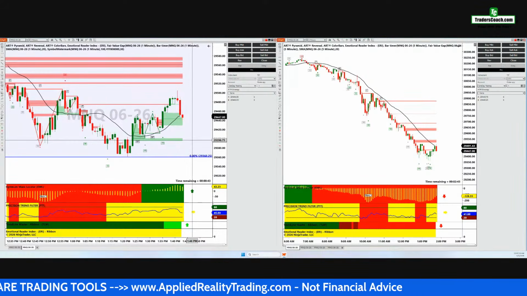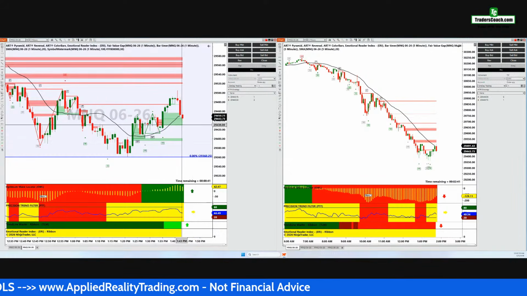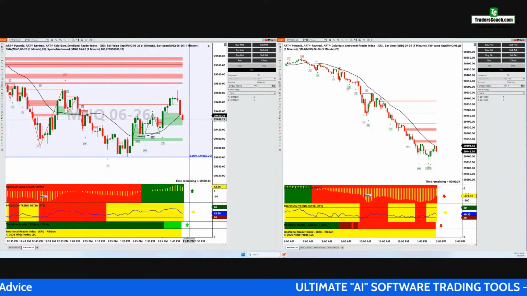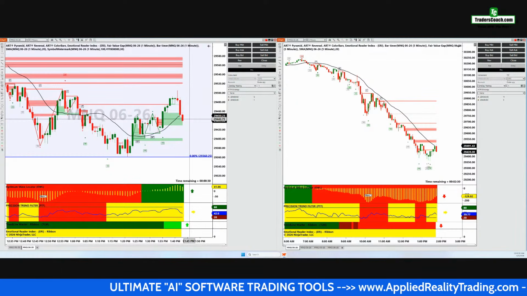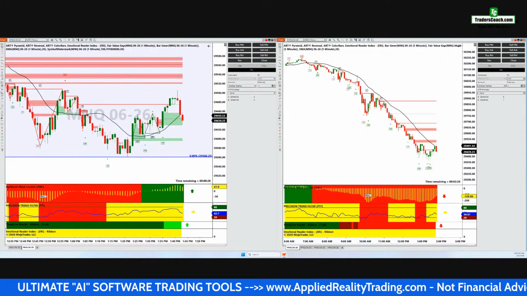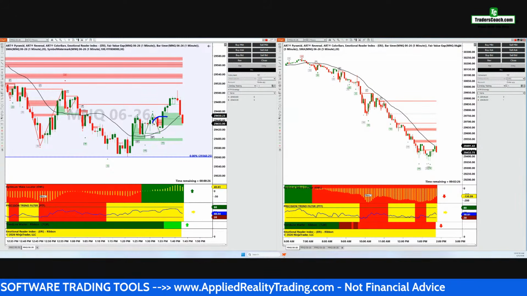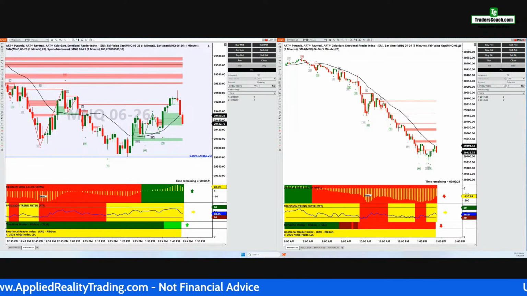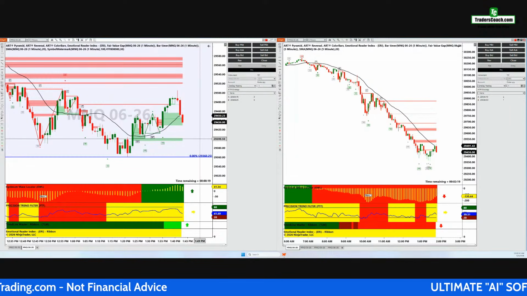We came down to consequent encroachment right here, and we're still going down. So now if price closes below this bullish fair value gap, that's an inversion. And also, when you have a bearish and a bullish one together like this and this, that's pretty bearish, okay?